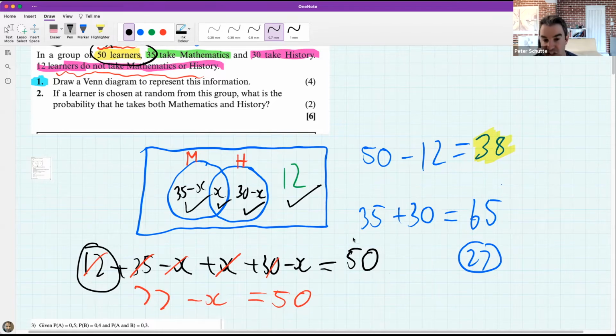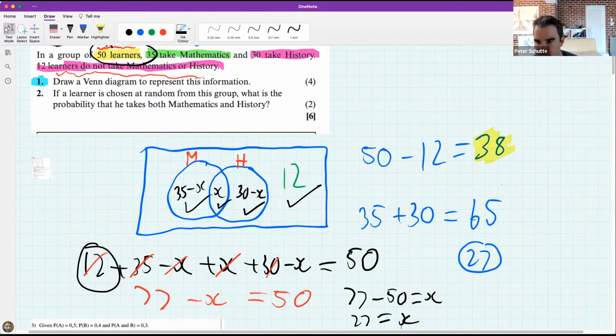So I could have actually, Nolazi, you could have said 35 minus x plus 30 minus x equals 38. You would have got the same answer. So Nolazi, you're correct in some ways. You wouldn't have had 50, you would have had 38. So the final answer here would have been 77 minus 50 equals x. And so x is 27.